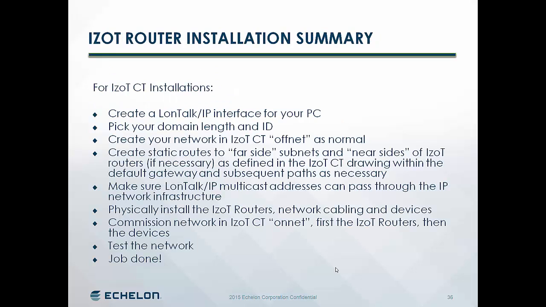So in summary, to make this all very simple to understand, for IzoT CT installations, the only things you have to do are to create a LonTalk IP interface for your PC, pick your favored domain length and associated ID, create your network in IzoT CT offnet just as you would do normally, create static routes to far side subnets and near sides of your IzoT routers if necessary, as defined in the IzoT CT drawing, within the default gateway and subsequent paths as necessary.